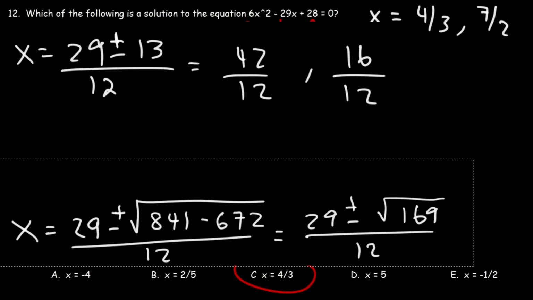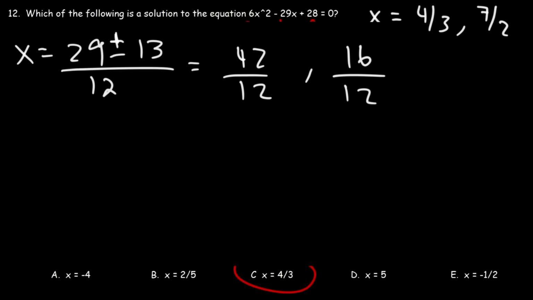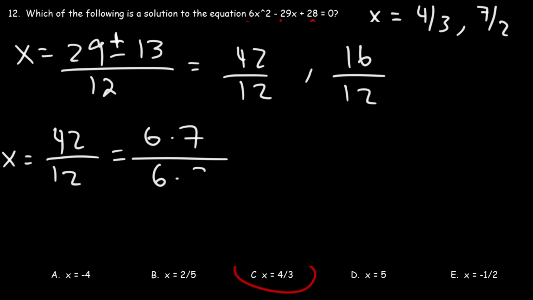So now we need to reduce these two fractions. 42 over 12 can be written as 42 is basically 6 times 7, and 12 is 6 times 2. So if we cancel the 6, we get the answer x is equal to 7 over 2.